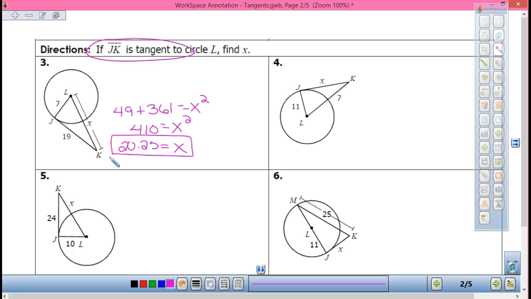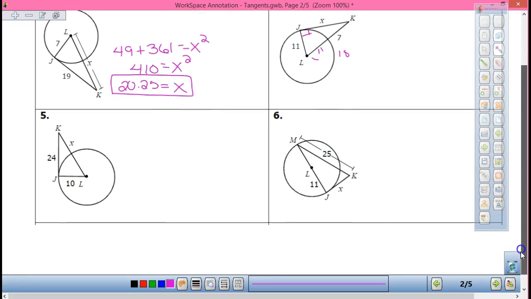Okay. All right, if I'm looking at 4, and we're not going to do all of 4, what's the length of this? 18, good, because you've got to add that 11 in there. All right, we need to take a look at 5, though. Okay?